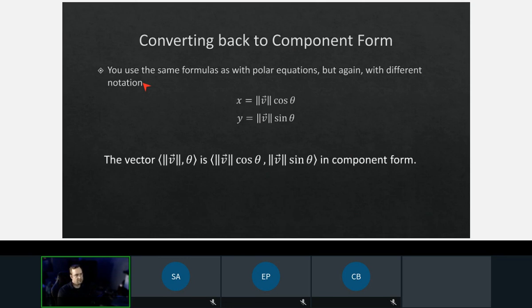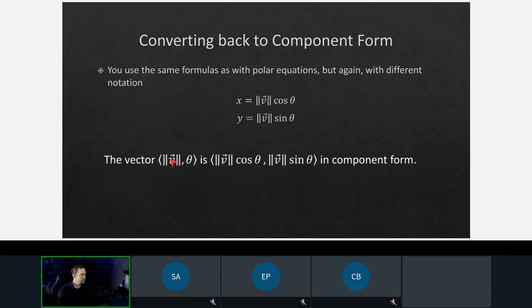All right. Second half of the lesson, we want to convert back to component form from the magnitude and direction form. So we just use this, and I think we learned this as x equals r cosine theta. Same idea. Instead of the r, it is the magnitude of your vector v.